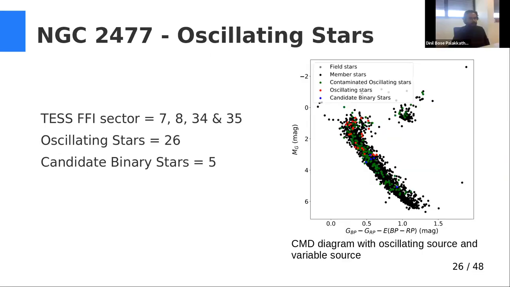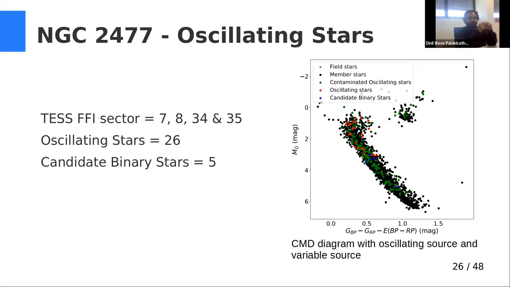So in this figure, if you see the red giant stars, we have some contaminated oscillating stars. We try to see what the nu max and the delta nu are for these stars. So we found the nu max. Then, using the model, the isochrone, we calculated the theoretical nu max for these stars, and compared this theoretical nu max with the observed nu max to see whether it is matching.